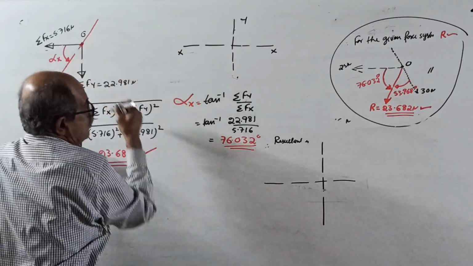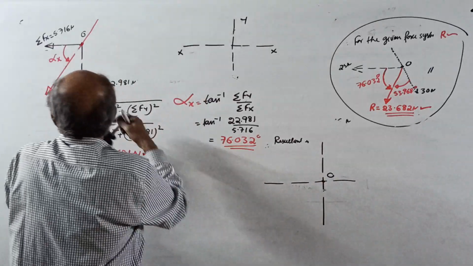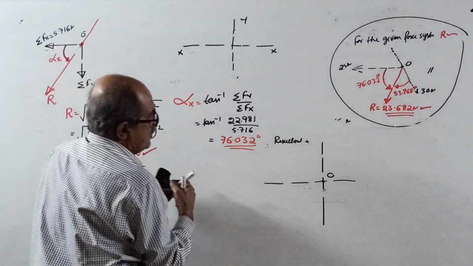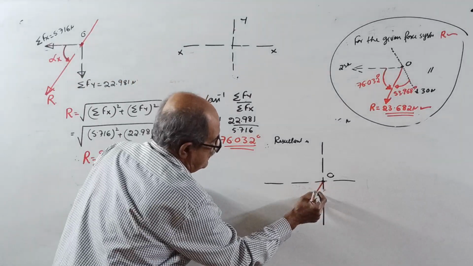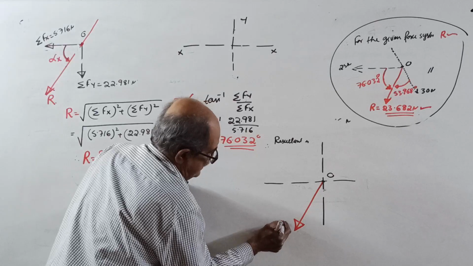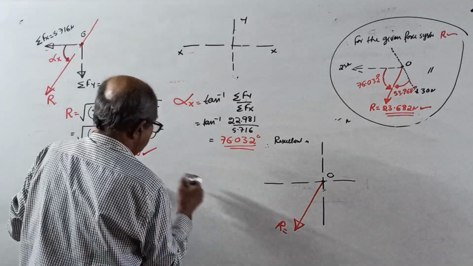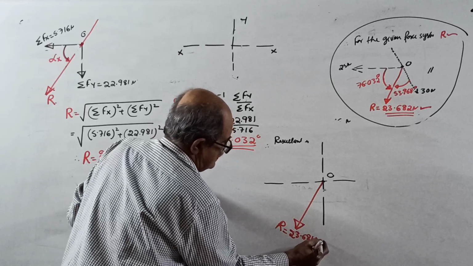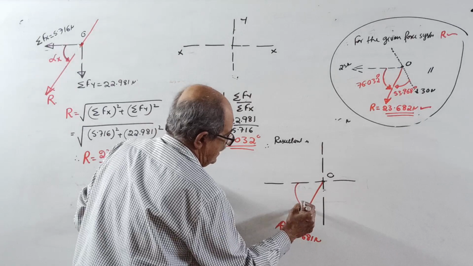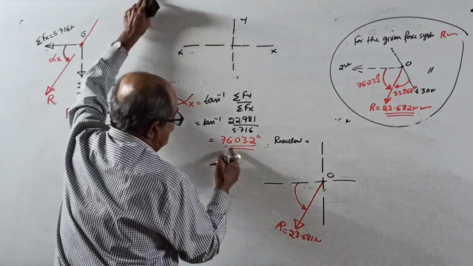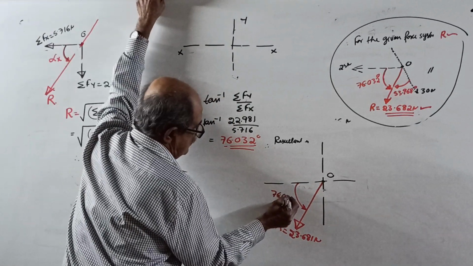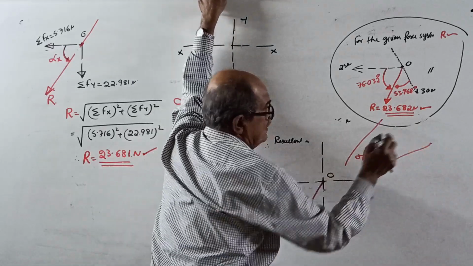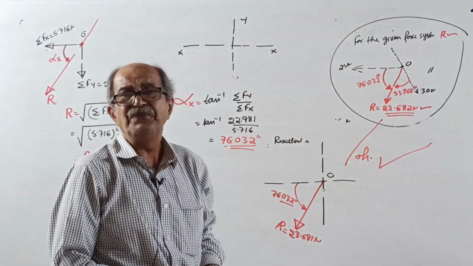From the point O, the angle alpha x this way of 76 point something, the resultant R equals 23.681 Newton, and this angle, don't call it alpha, that angle equals 76.032 degrees. Now compare. Right here, both are the same. I told you it will come the same.